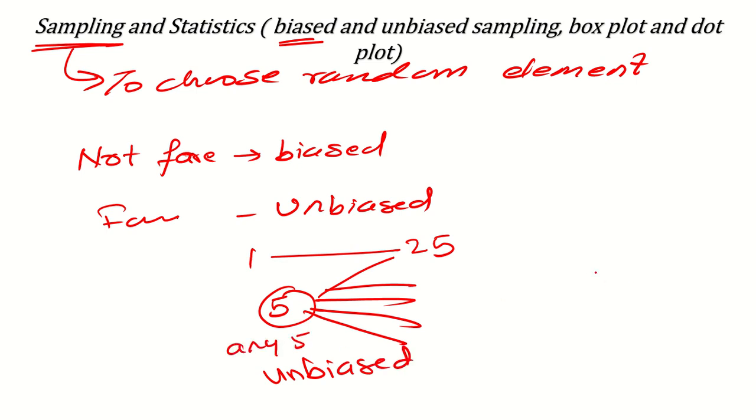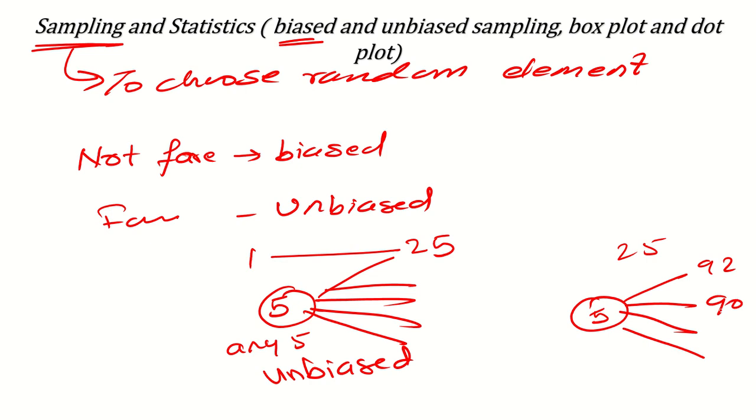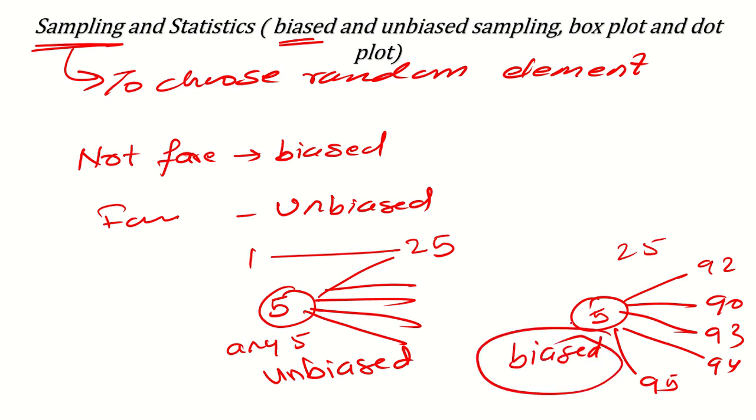But if I go to the class, 25 are there, I have to choose 5, but I choose only those who got more than 90% in their last exam, that type of selection will be biased. Why? Because we are using some condition to choose the sample, so that is called biased sampling. And biased sampling cannot give you the correct information about the data.